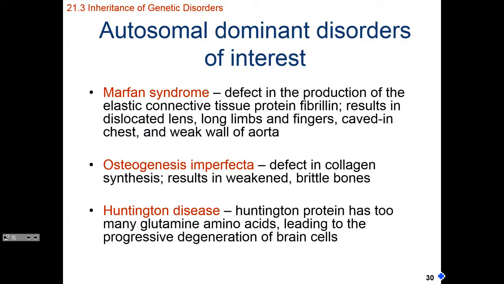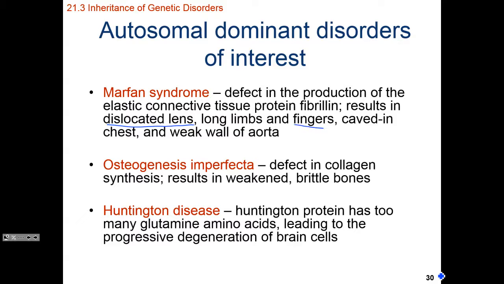So we have Marfan syndrome. Someone who has Marfan syndrome doesn't have proper elastin production in their body. Their connective tissue that is stretchy is going to be malfunctioning. Consequently, the lenses of their eyes become dislocated, so they can't focus their eyes.